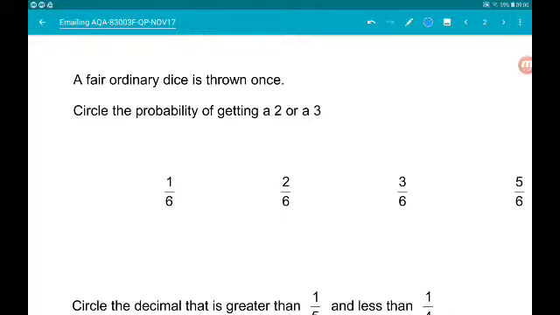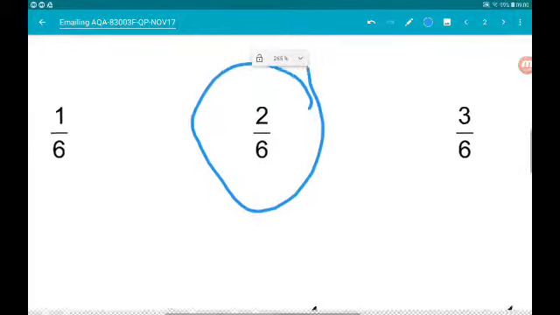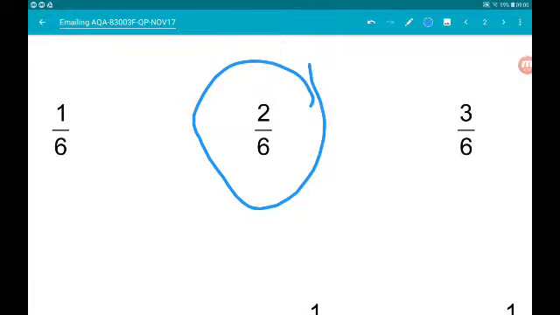So it's 2 out of 6, which simplifies, but we don't need to. But let's get practice: 2/6 is also 1/3.